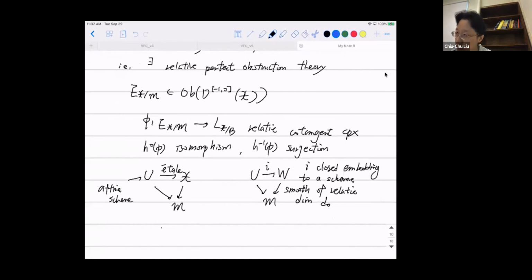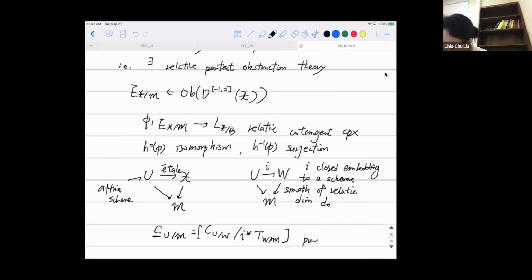And now we can have the relative intrinsic normal cone. You take the same normal cone of U in W, but instead of quotienting by the restriction of the tangent bundle of W, we quotient by the relative tangent bundle.